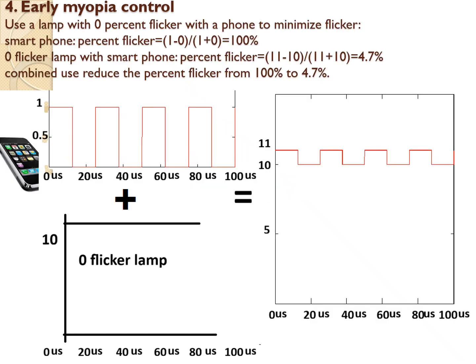Use a lamp with 0% flicker with a phone to minimize flicker. Smartphone percent flicker is 100%. Zero flicker lamp with smartphone percent flicker is 4.7%. Combined use reduces percent flicker from 100% to 4.7%.